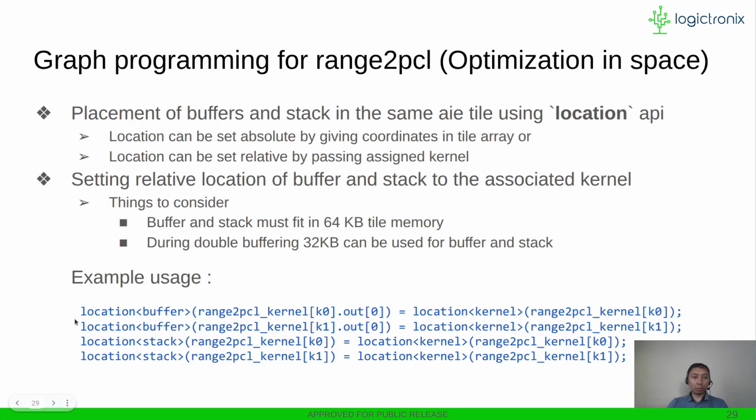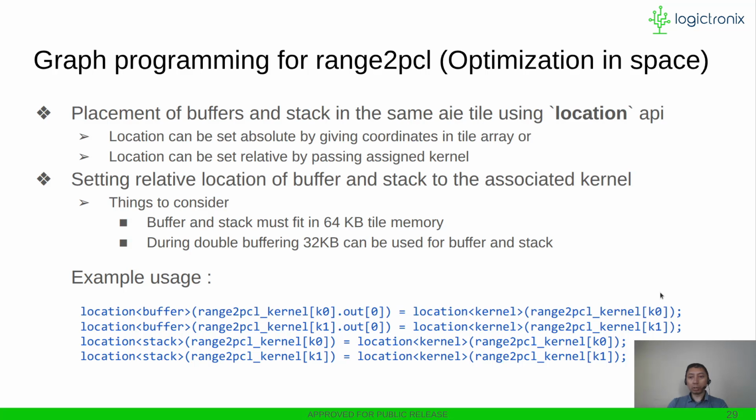So here is how the API looks. We use the location template, and then we provide the name of the buffer for the interface, and then we give the location. Here again you use the kernel template, then the kernel variable template, and we assign the name of the kernel to which our buffer has to be allocated.